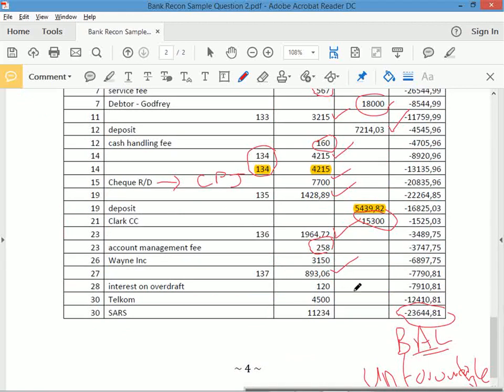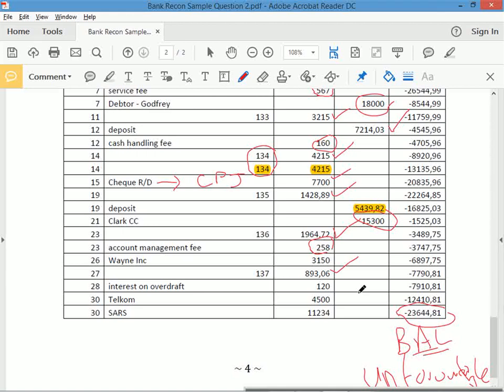Interest on overdraft. Where would you want to see interest on overdraft? Receipts or payments? Good. Why payments? What type of account is an overdraft? It's a liability. And if I'm paying interest on the liability, it's an expense. Okay, so interest on overdraft is an expense. Have I captured it?